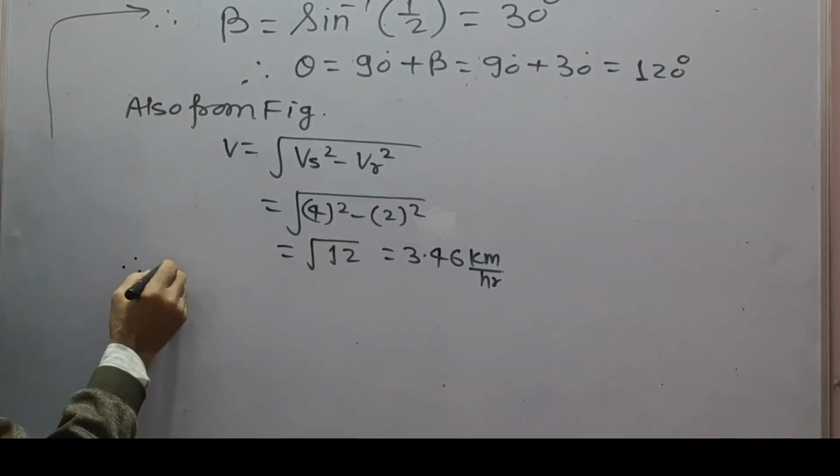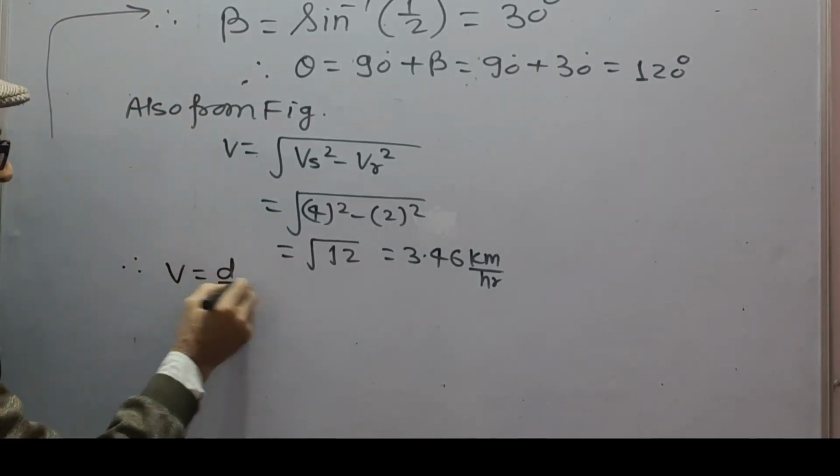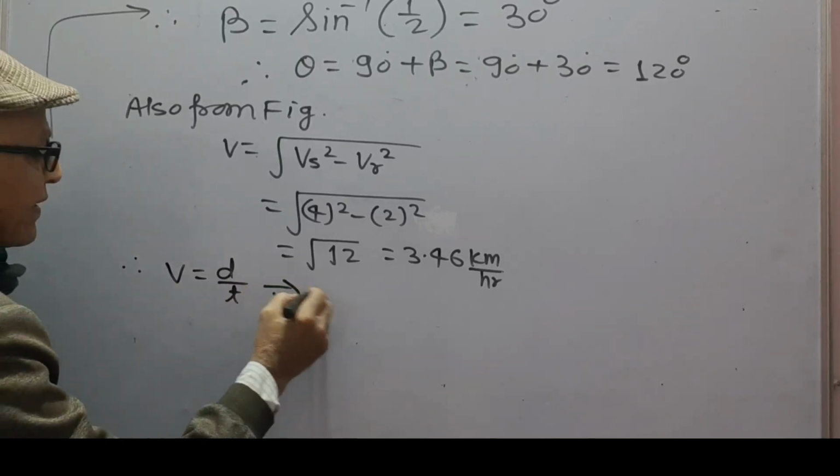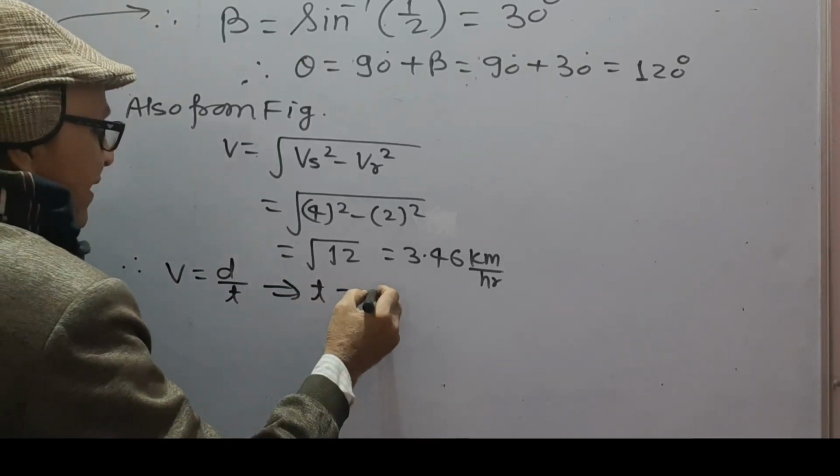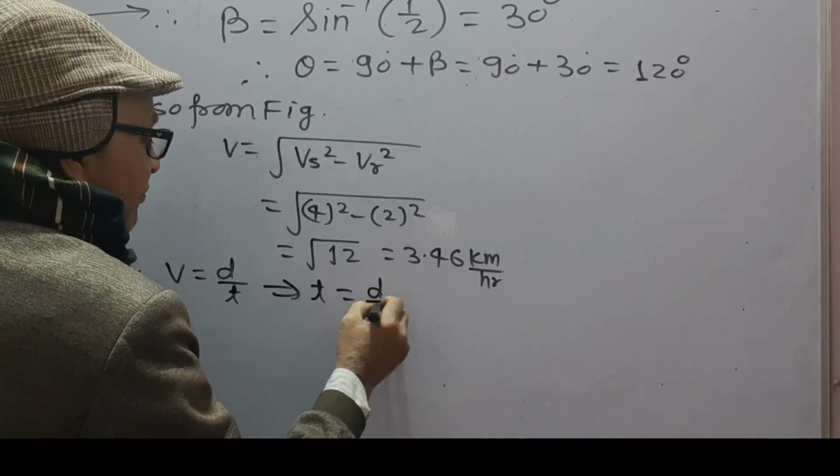Therefore, V will be equal to d upon t, which gives time taken as d by v.